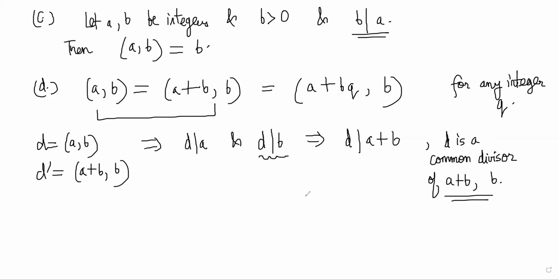So what was the greatest common divisor of A plus B and B? That was D dash, right? So from here we can say that D must be less than or equal to D dash, right?